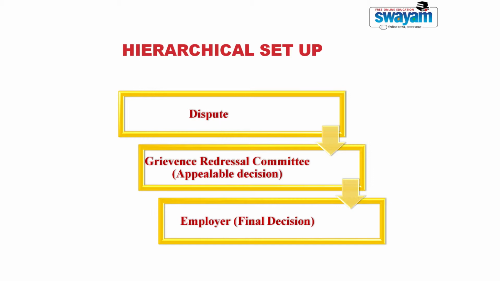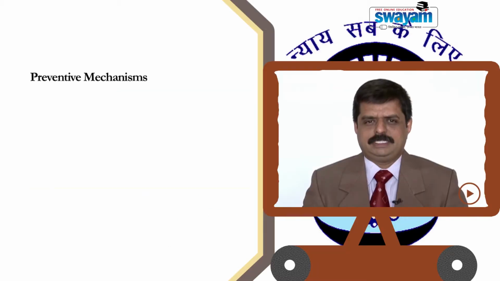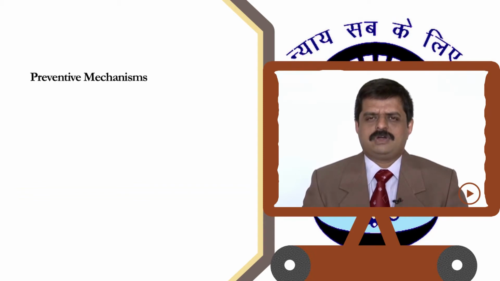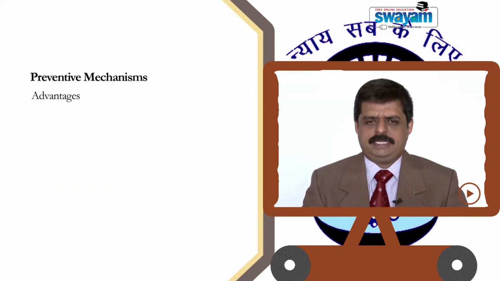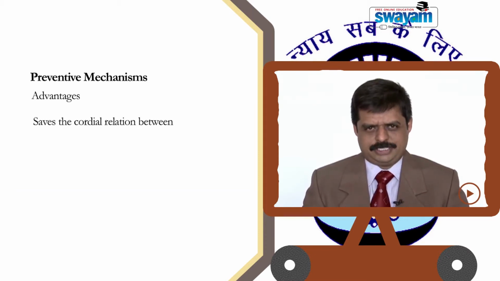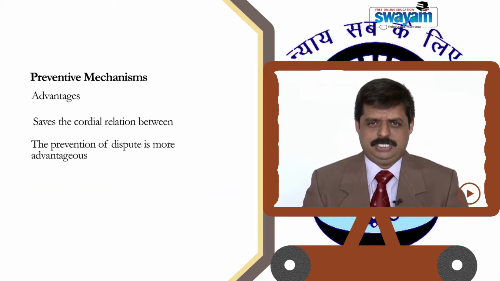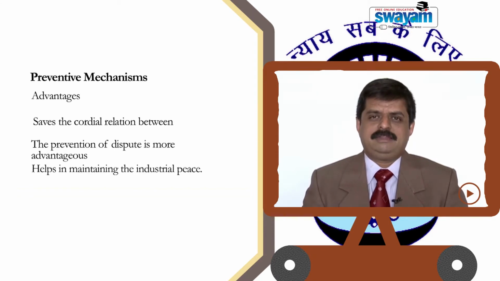So, from cooperative methods, let us move on to preventive methods. Here, preventive methods have certain advantages, like saving the cordial relationship. The moment you prevent a dispute, you are actually avoiding a relationship from spoiling. Therefore, prevention is better than resolution of a dispute.